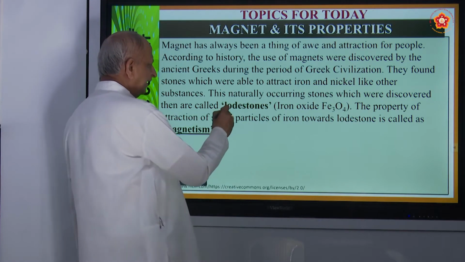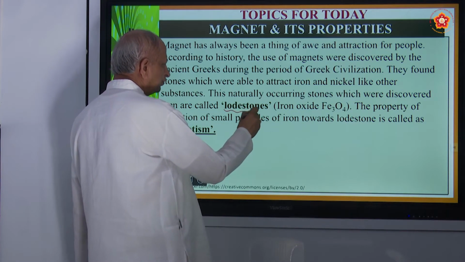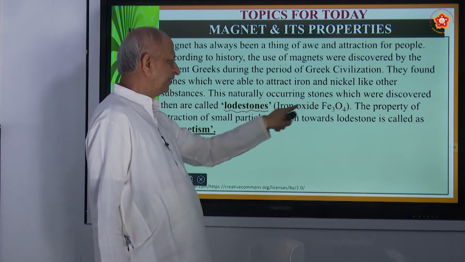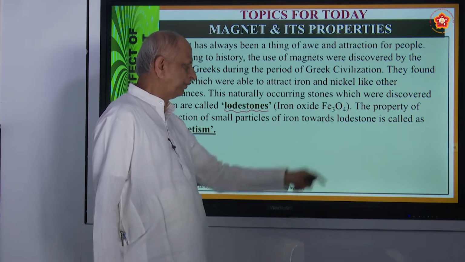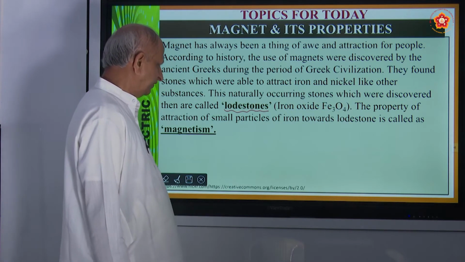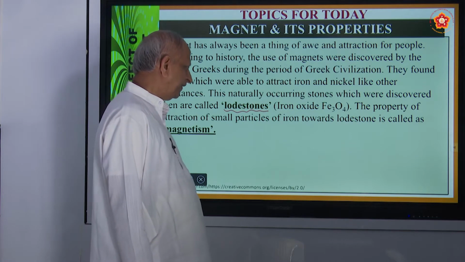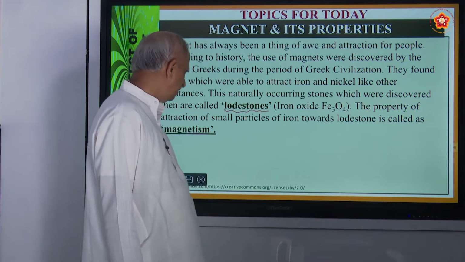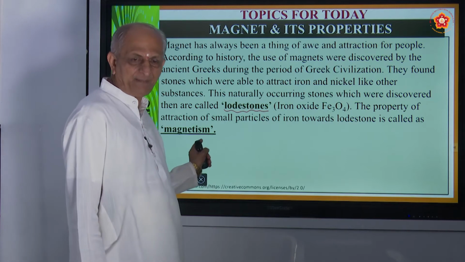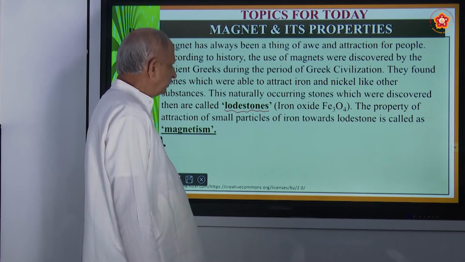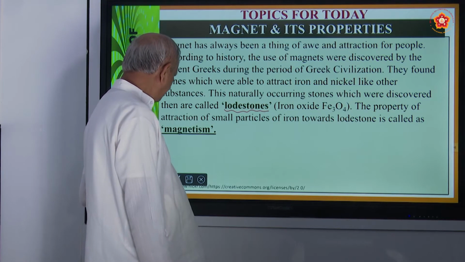So they call it lodestones. And the formula is iron oxide, Fe3O4. The property of attraction on small particles of iron towards lodestone is called magnetism. So this is a very special property.